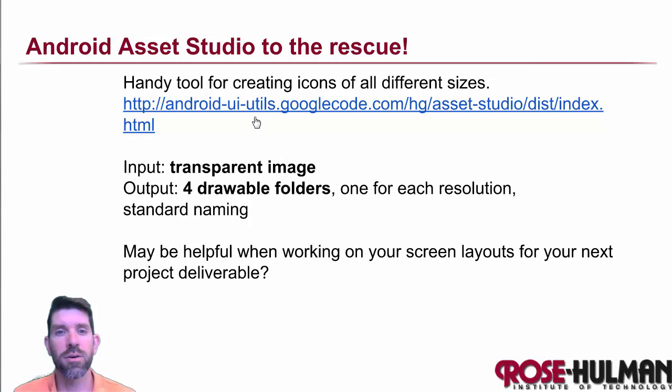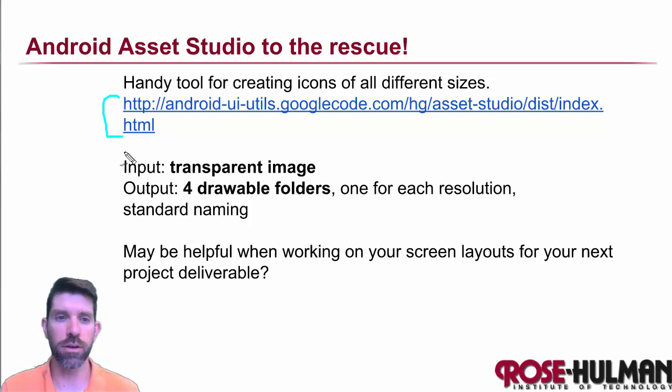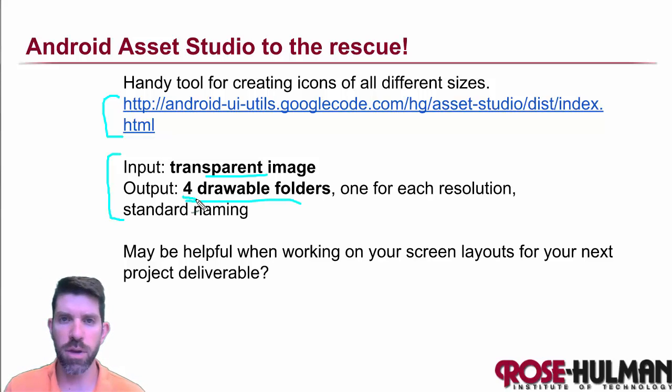We have a tool called Android Asset Studio, which is used to create icons of all sorts of different sizes with the standard naming conventions and everything. All you need to supply to it is a transparent image, and it's going to output all the different drawable folders. It was 4 last time I had checked, but they may have increased it for higher and higher densities these days. And it might be really helpful when you're doing your own screen layouts in your own project.